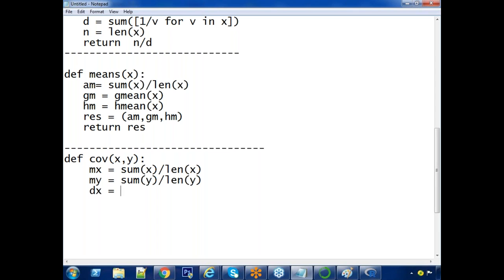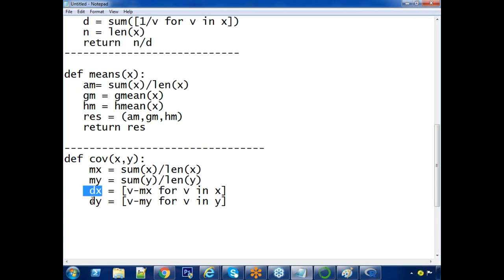From each element of x, you want to subtract mean of x. Expression: v minus mx for v in x. X minus x bar, ready by this shortcut. Here, v minus my for v in y.